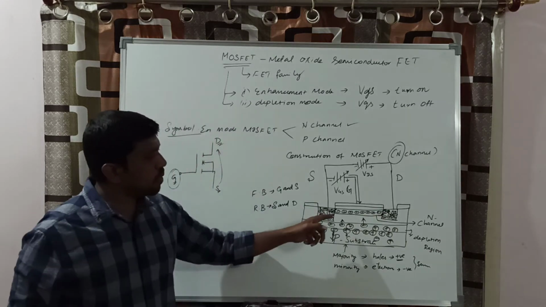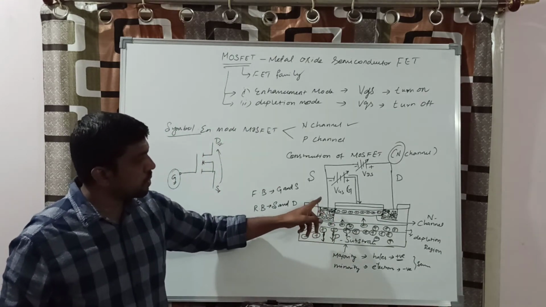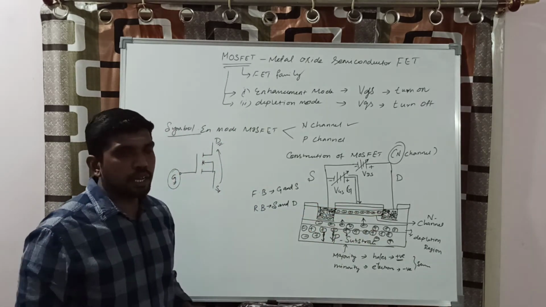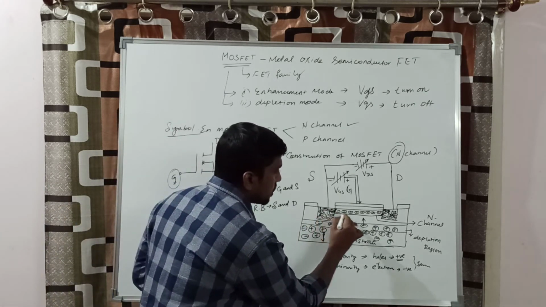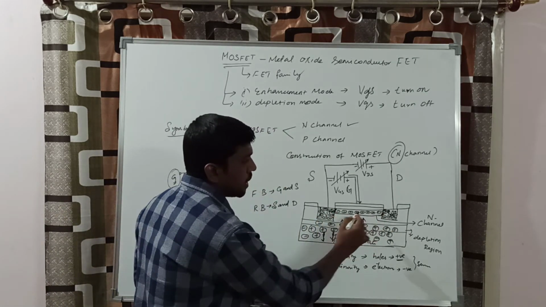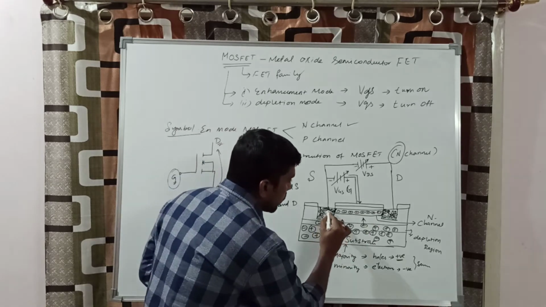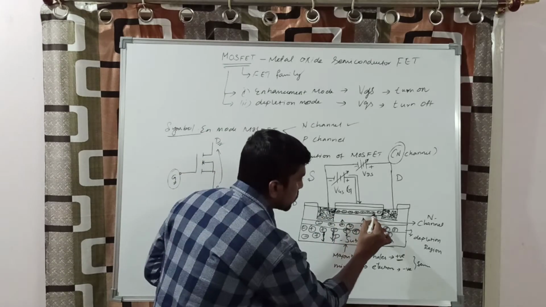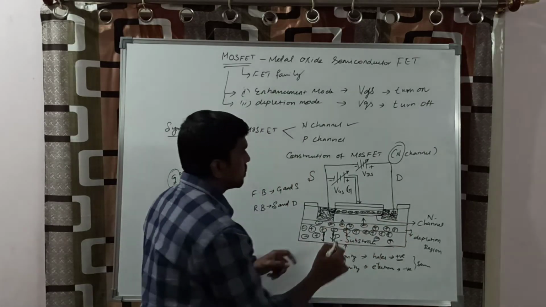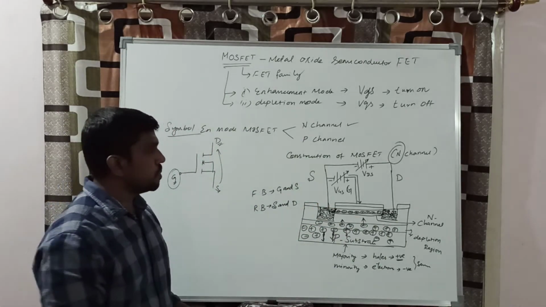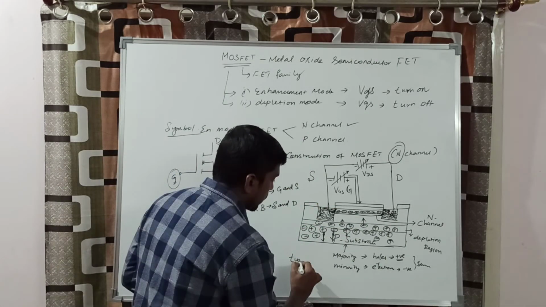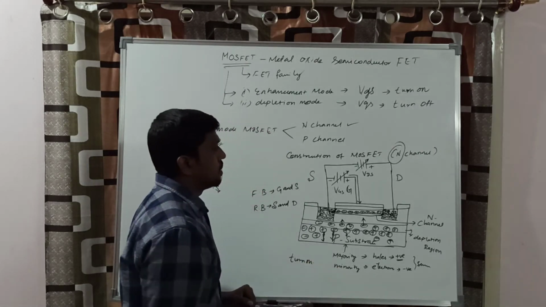You can create one path to travel the electrons from source to drain. Now the junction is broken, and the holes and electrons are recombined. All the electrons travel through the channel, source to drain. Now the transistor will turn on.